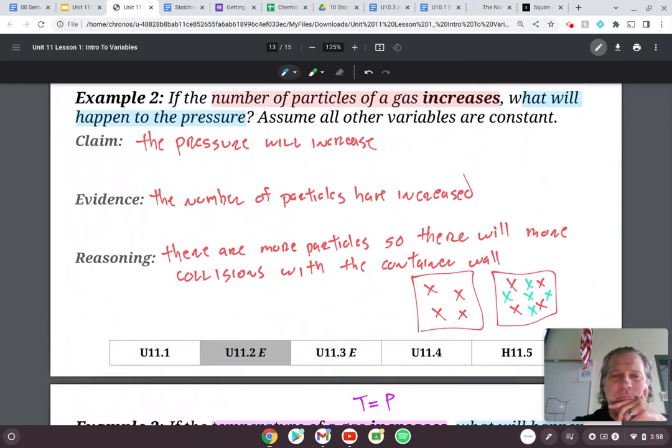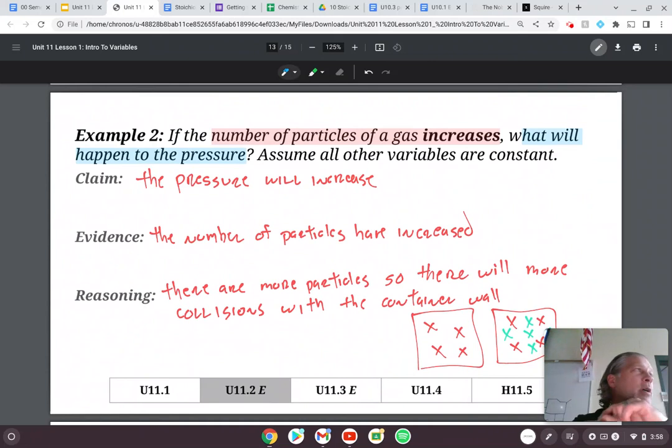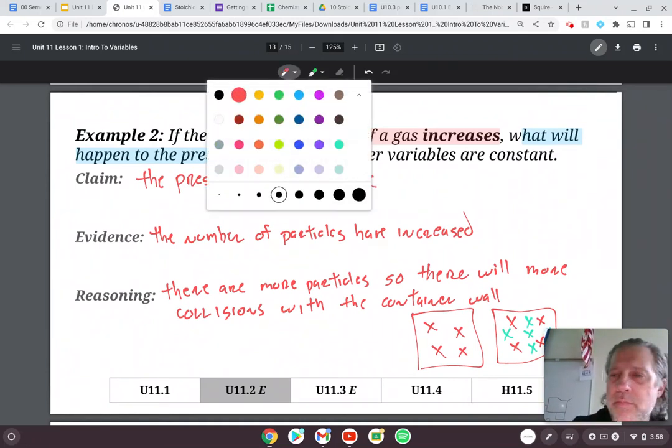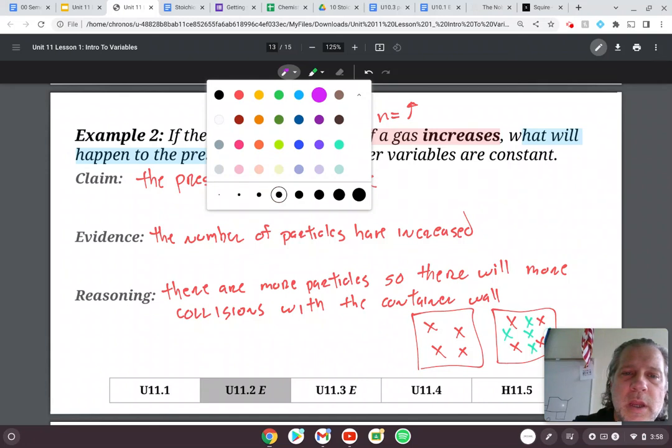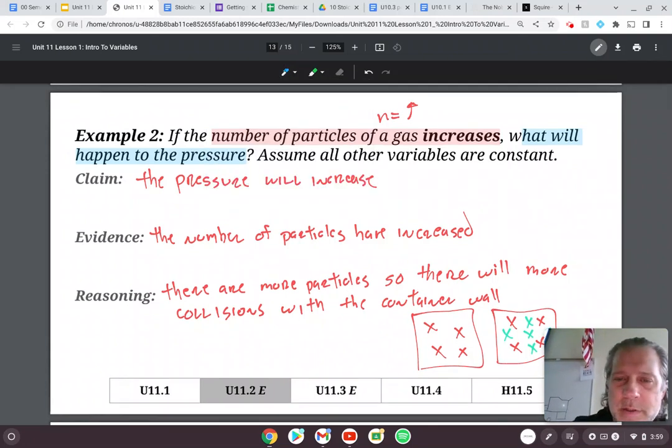Looking at number 3, here we have the number of particles increasing, and we're saying that the pressure is going to increase because that was our explanation. So that tells me that this is also going to be a direct relationship.